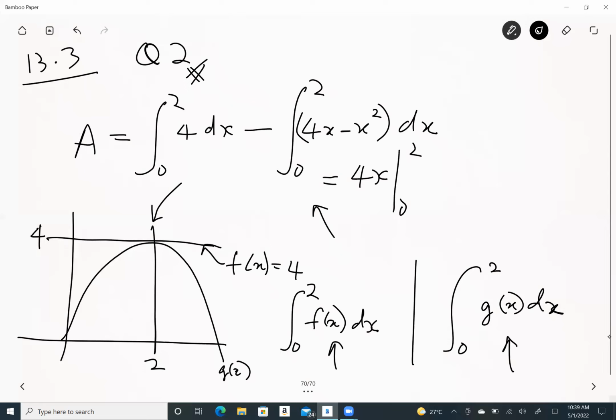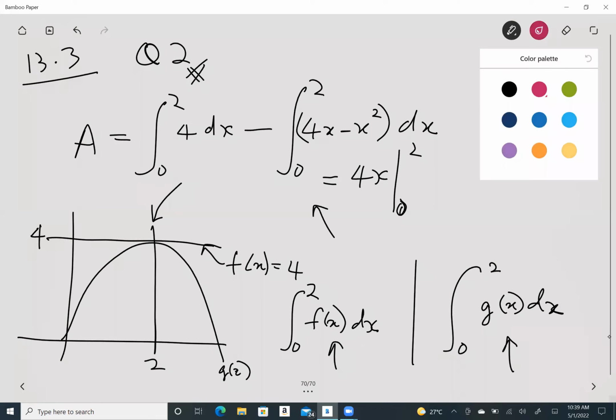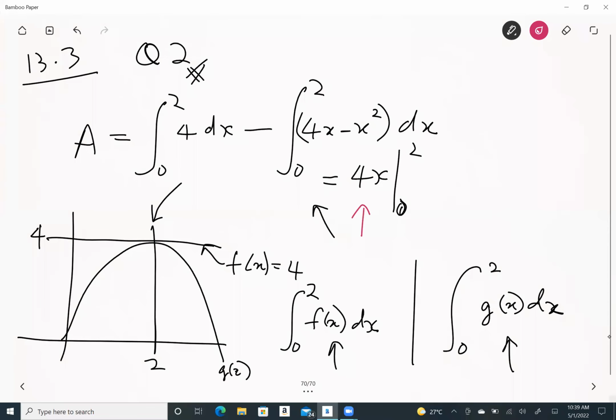from 0 to 2. The 4x here gives the rectangle. What you get is 4 times 2, the width times the height, which is the area of that rectangle, the area of a constant function.